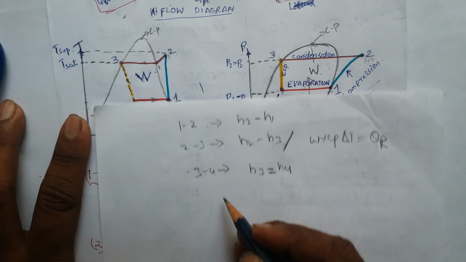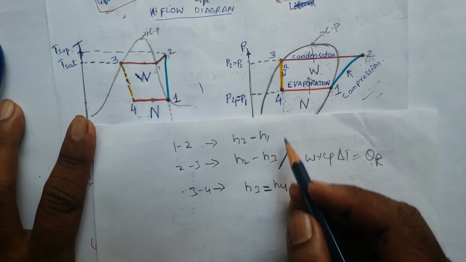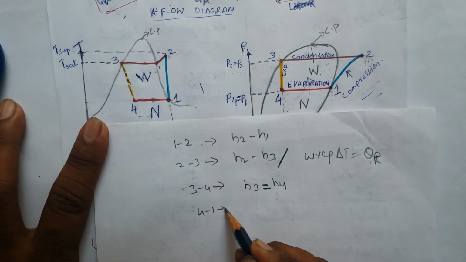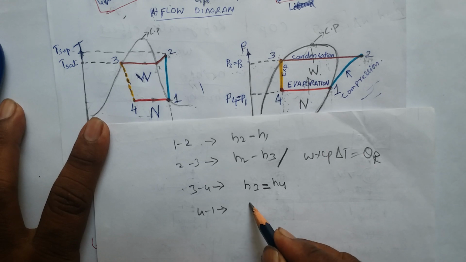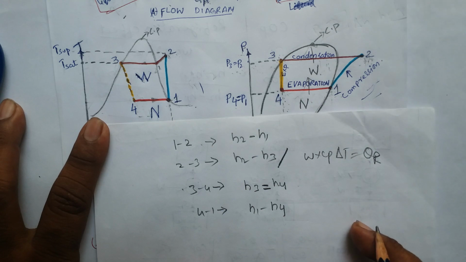Next, heat absorbed, that means 4 to 1, vaporization. So we can write H1 minus H4.